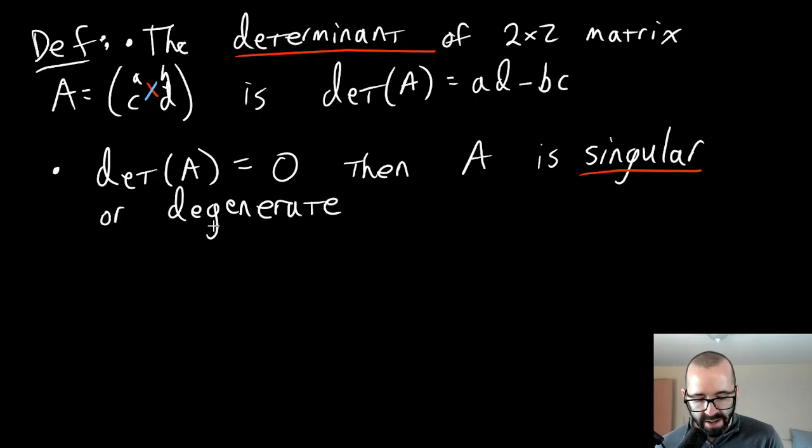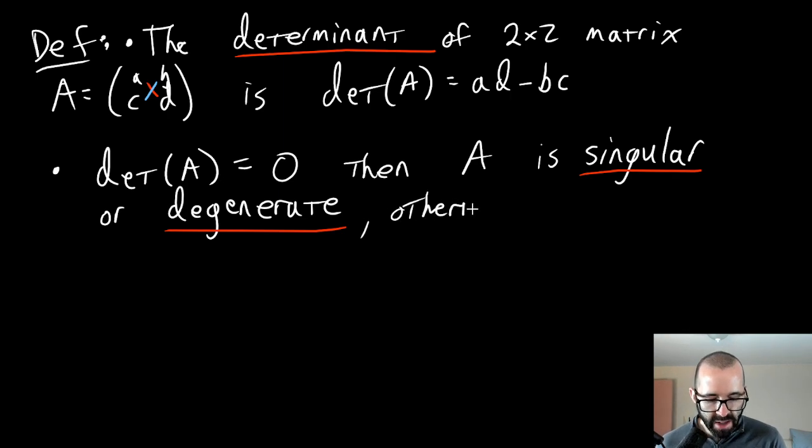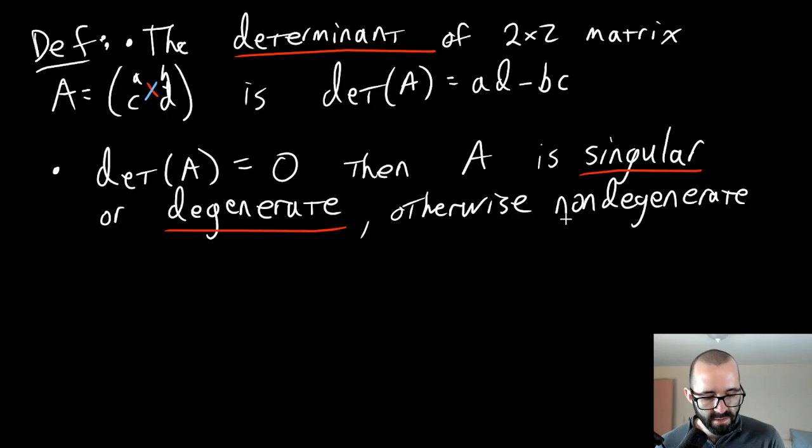I frequent the internet, so I actually hear this word too often, used in other contexts. But anyway, this is basically what we have right here. Otherwise, if the determinant is not equal to 0, it's known as non-degenerate. As far as I know, there is no definition for the opposite of singular.